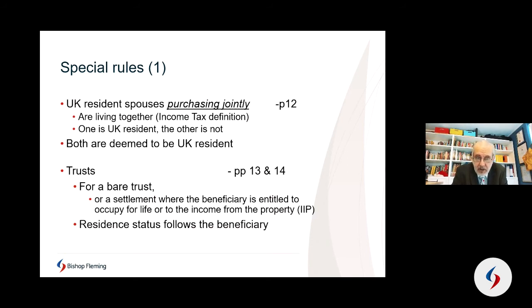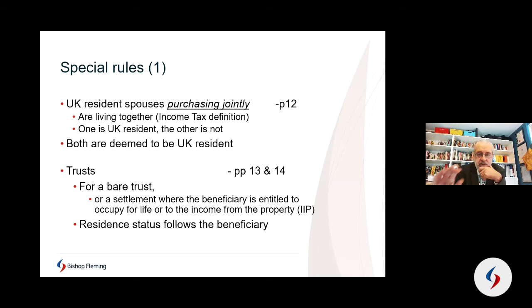An interest in possession trust, one where a life tenant has a right to occupy for their life, and then on death the capital, the property, goes somewhere else, is a settlement normally. But for the purposes of the non-resident test, we treat a settlement as if it were a bare trust. And the resident status follows that of the beneficiary for a bare trust or IIP.